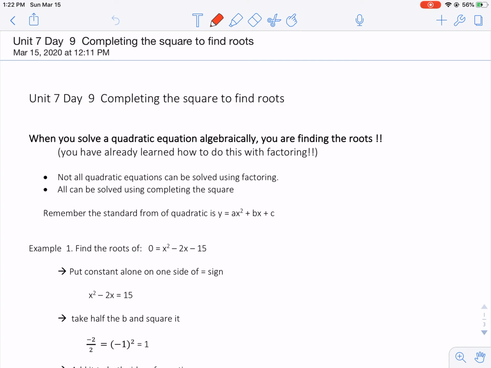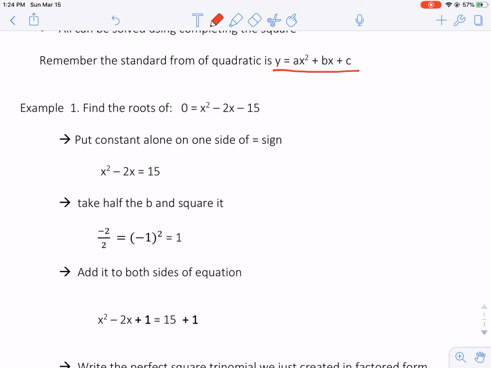First thing you want to do is put the constant alone on one side of the equal sign. So first thing I did was cross that off and put the equals 0 over here, because that's the way I prefer to see it. And you can have the equal sign on whatever side you wish. Now, any other time you solve a quadratic, you're pretty much setting the equation equal to 0.